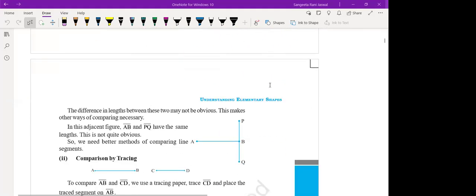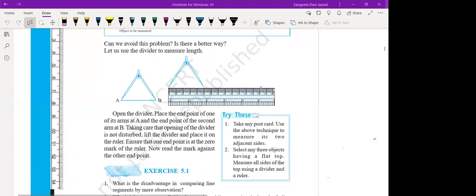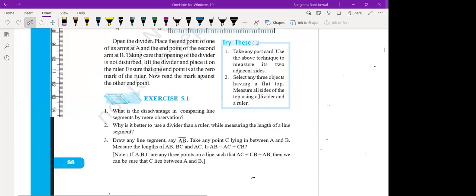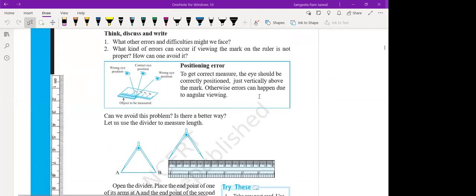Elementary shapes are the basic shapes like triangle, rectangle, square, and their properties. All those things you will be studying here. Initially, starting with the point, ray, and line segment, which were already studied in basic geometrical ideas.